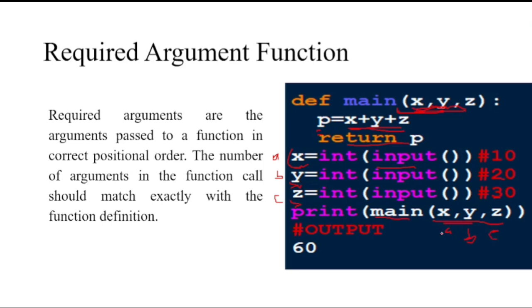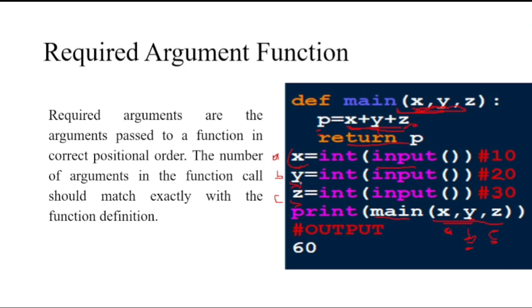So this a will be stored in x, the b value will be stored in y, and then c will be stored in z. That is for the required argument function. Yeah, so it's not a must that this be x, y, and z.